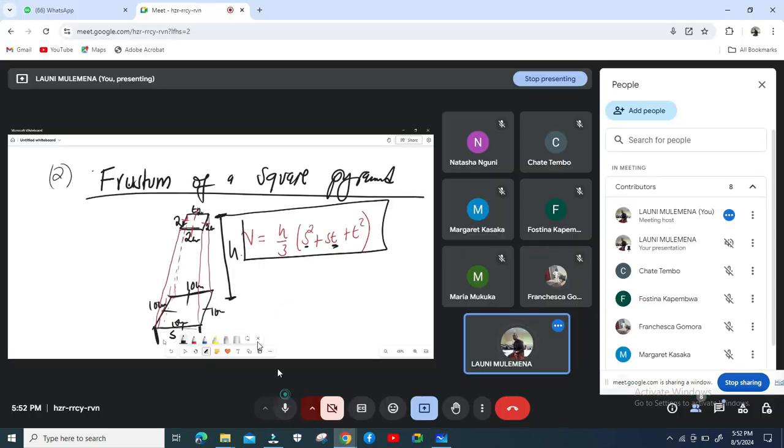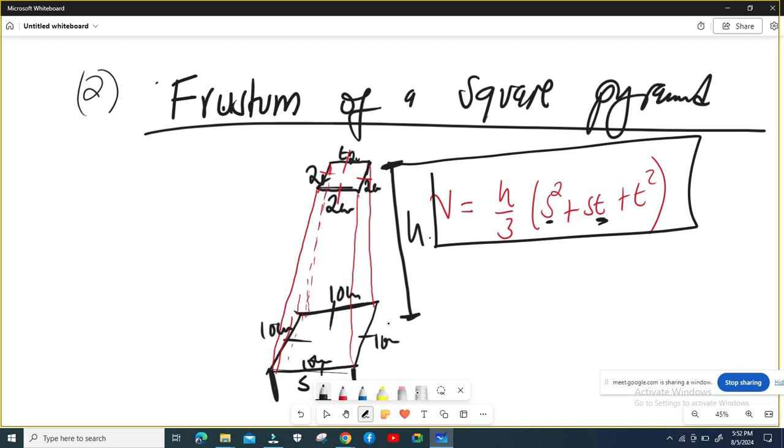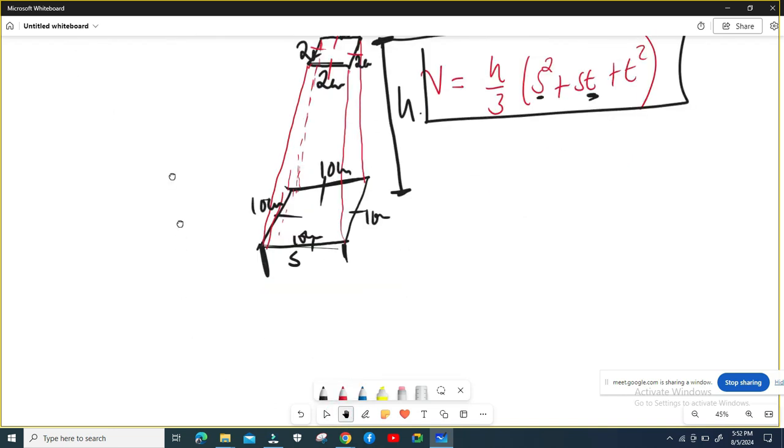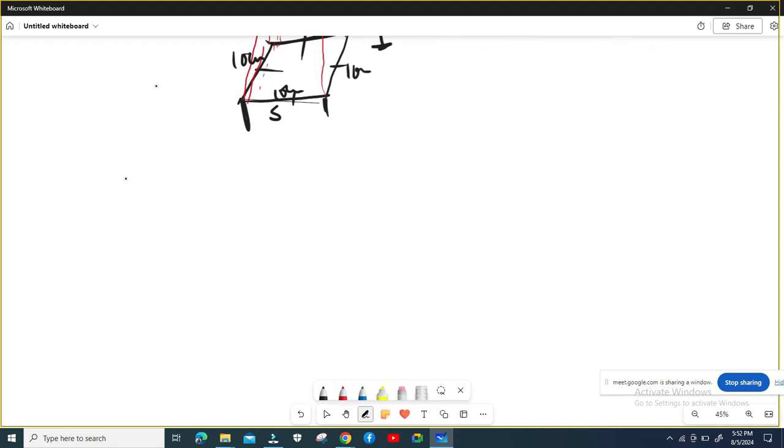The same now also is applied when we talk about a frustum of a rectangular pyramid. A rectangular pyramid, remember, has a rectangle at the bottom and on top. What are the properties of a rectangle? A rectangle has a length and a breadth.